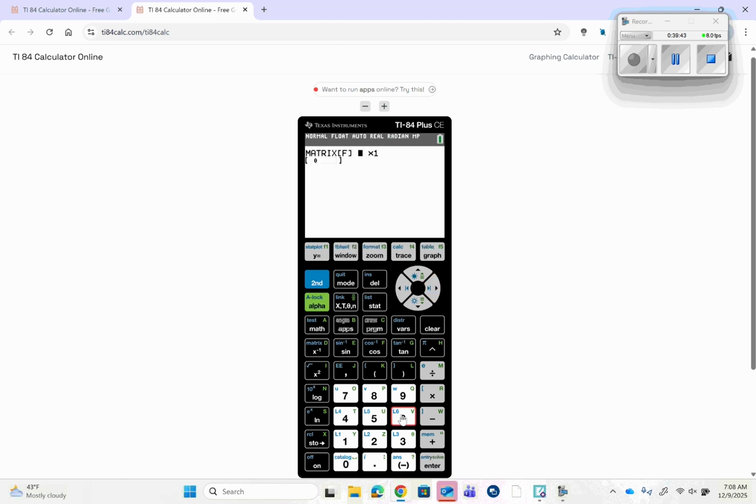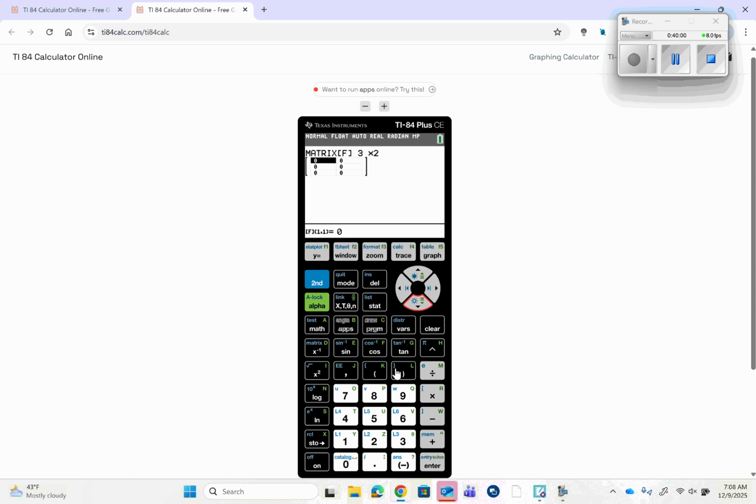This is number 6. That is a 3 by 2. Oops, not a 3 by 3. Oh my gosh, we made this one enormous. 3 by 2.